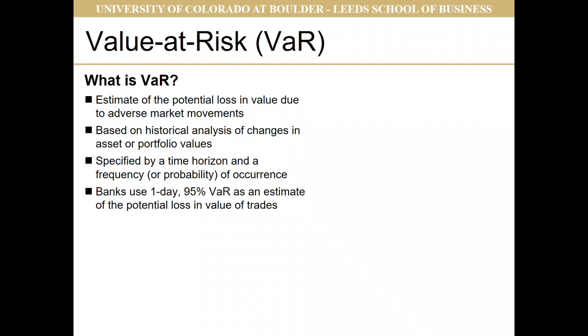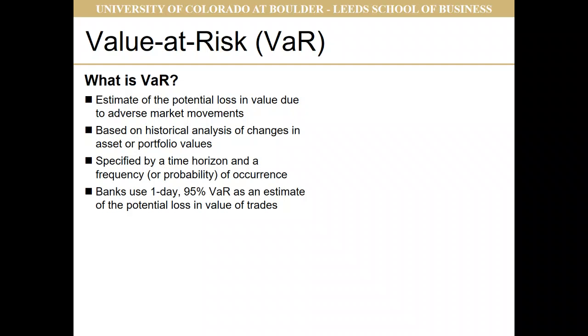So a 1 day, 95th percentile value at risk of $1 million means that 95% of the time, this portfolio loses less than $1 million. The profit and loss on this portfolio is less than $1 million.